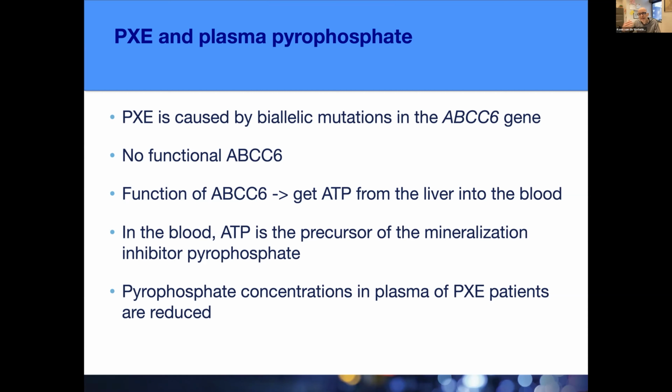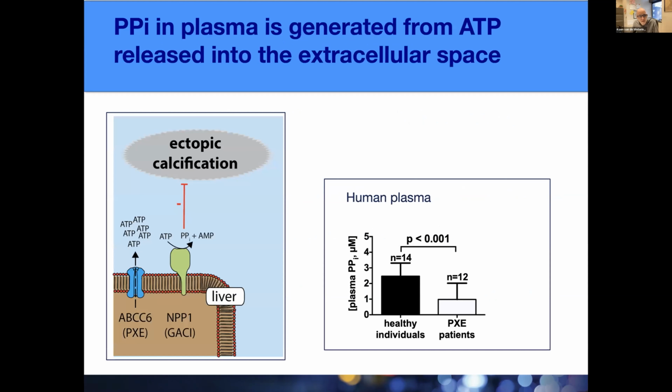So you need to get ATP outside, and then it's converted into pyrophosphate. And then the pyrophosphate can prevent the problems in eyes, blood vessels, and the skin. And as already said, reduced ATP release from the liver is responsible for the low pyrophosphate concentrations in plasma of PXE patients.